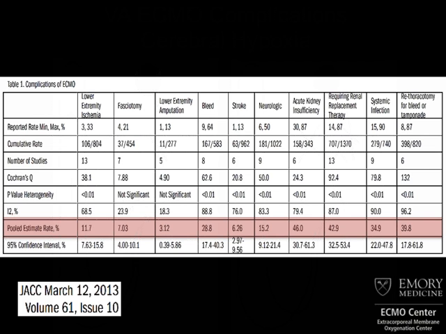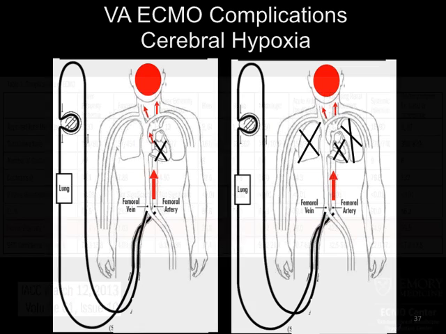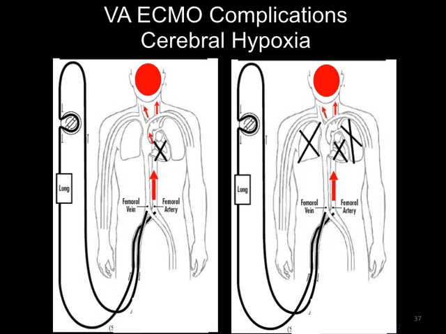So how does that happen? Well, obviously there's the embolic phenomena that can occur. But in addition to that, there's this idea of what we call differential hypoxia, where we're pumping blood up the femoral artery. And if the heart is out to lunch, that's fine, because the blood will go all the way up to the arch and get to the carotids. And that's even okay if the heart and lungs are not functioning appropriately.